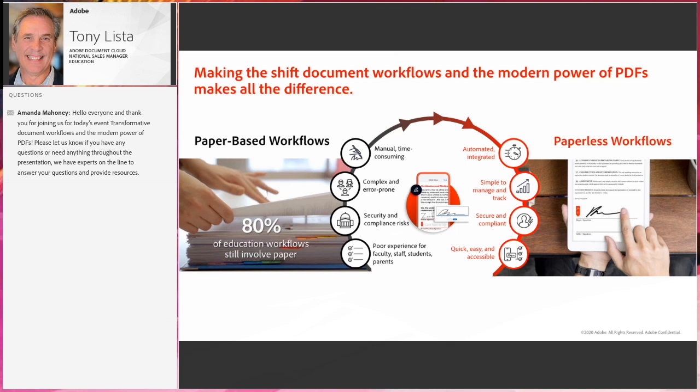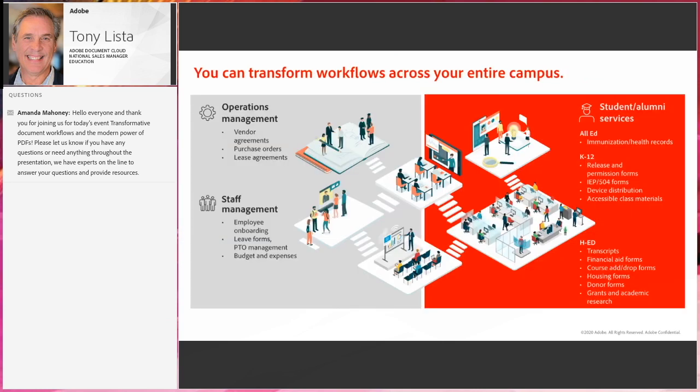So Forrester research indicates that the education industry, 80% of workflows still involve paper. And there's a significant economic impact that I'm going to show you a little bit later on about moving from paper to electronics. And so what we're hoping to do is to convince you both with the demo today and some of these statistics that it's a move that you should not only be considering, but taking advantage of right now.